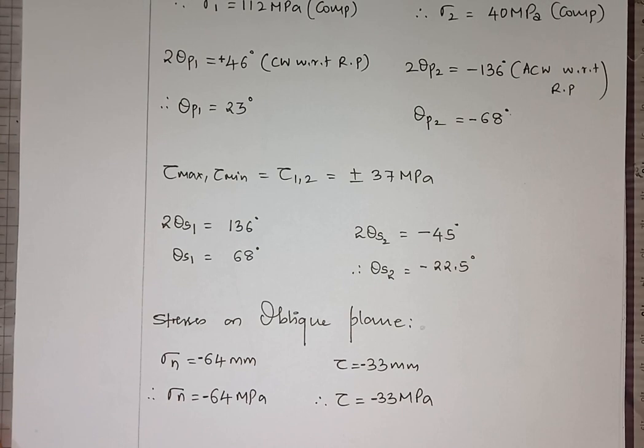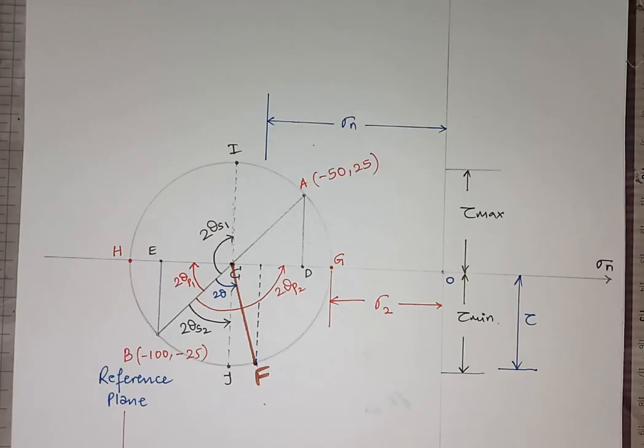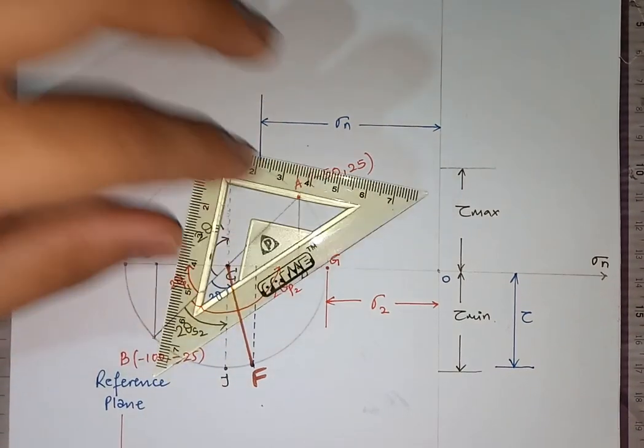I'll tell you what obliquity is, and I'll also show you what the resultant is. In order to calculate the resultant, first let me mark it.